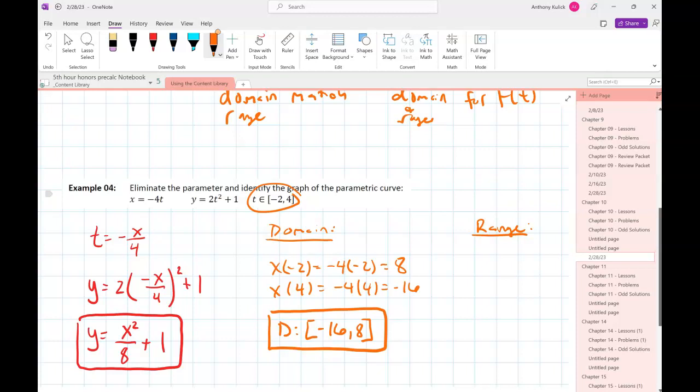I'm going to have to care about the endpoints of the interval, -2 and +4, and also that point where it switches from increasing to decreasing or decreasing to increasing. In a quadratic, what's the special name we give to that point? Starts with a V. The vertex, very good. Who remembers how to find the vertex for a quadratic equation or a quadratic function?